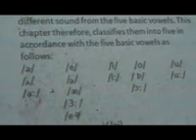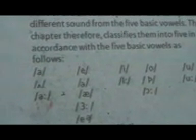Now, the 20 vowel symbols are classified according to the sounds they belong to.